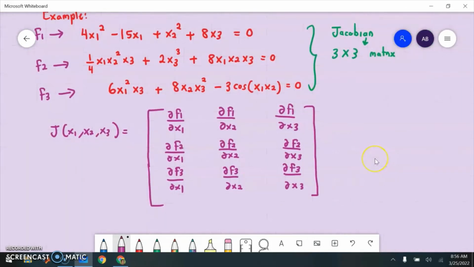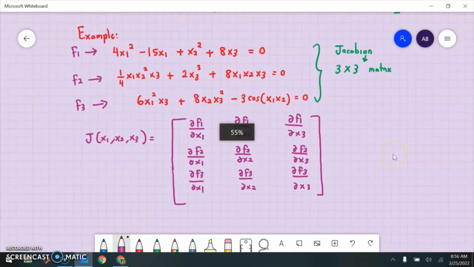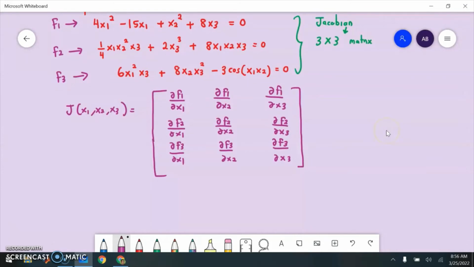Now you can find this separately or straight away write it down in the matrix form here. So let's find it one by one. Let's find function 1 with respect to x1. Look at this first function here. With respect to x1, the first term here will give me 8x1, minus 15, and there's no more x1.